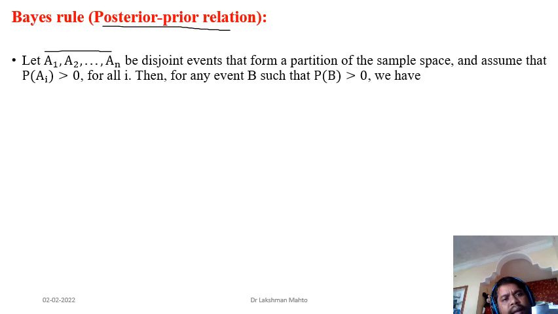It is not a null set having no outcome. So each member of that partition has some outcome from the experiment. That's where we say that the probability of Ai is greater than or equal to 0.